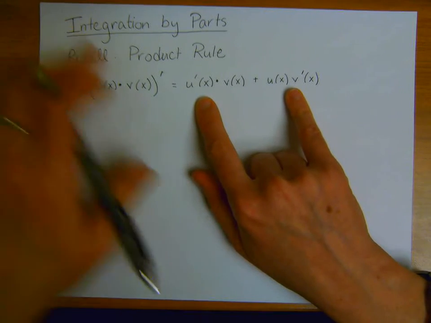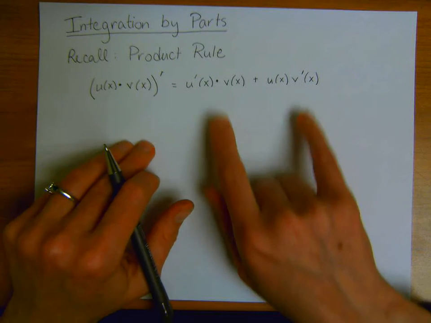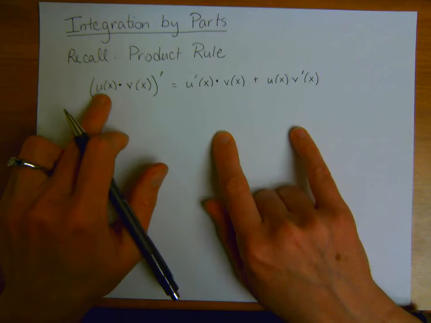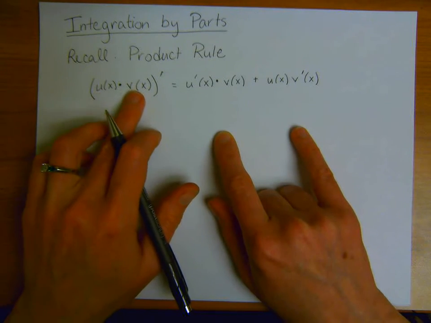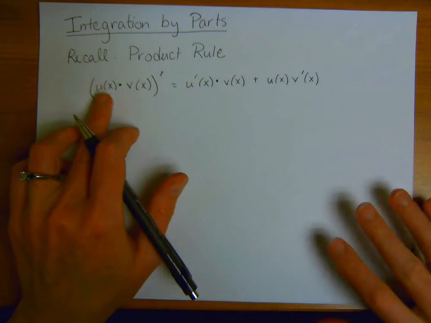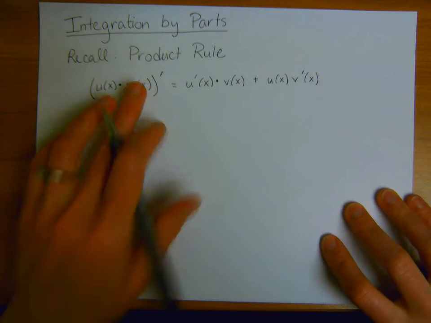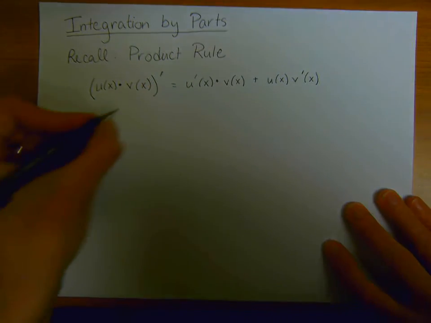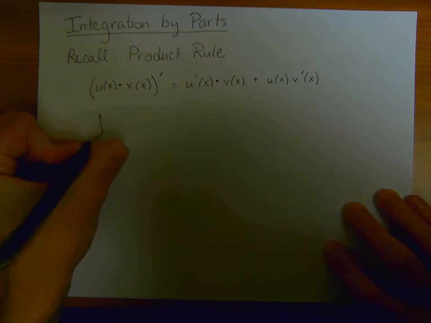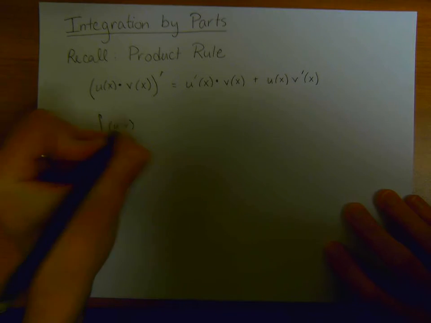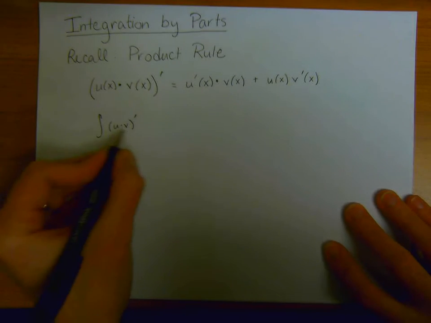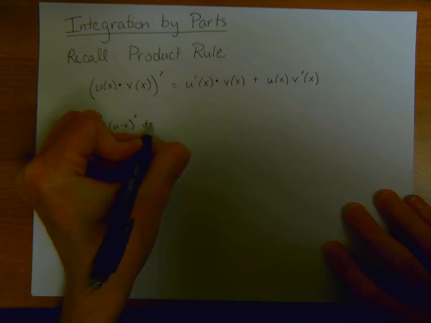To relate this to integration, I'm going to take the integral of both sides of this. And just for notation's sake, instead of writing u of x and v of x, I'm just going to call them u and v, and we can keep in our heads that u and v are names of functions like f and g. So I'm going to take the integral of the left-hand side, the derivative of u times v, with respect to x.